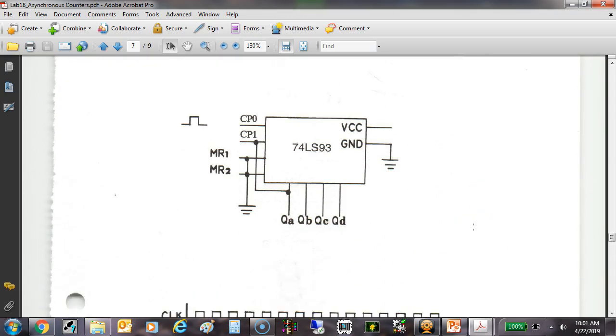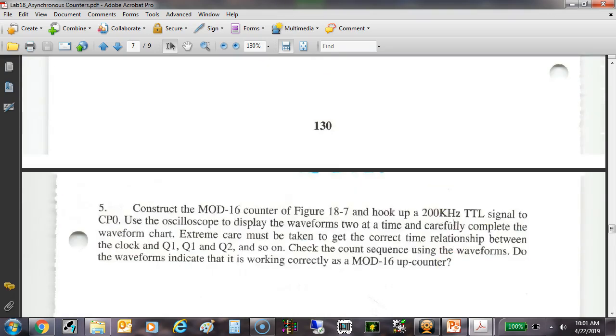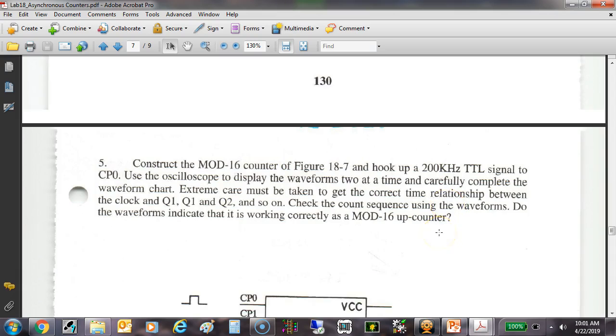So we should be able to do this. We're not going to use a 200 kilohertz clock. We're going to use 10 kilohertz because that's the fastest that's available on the trainer. So we're going to see this thing divide.